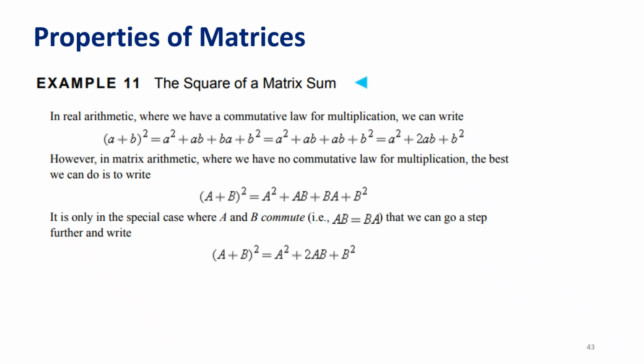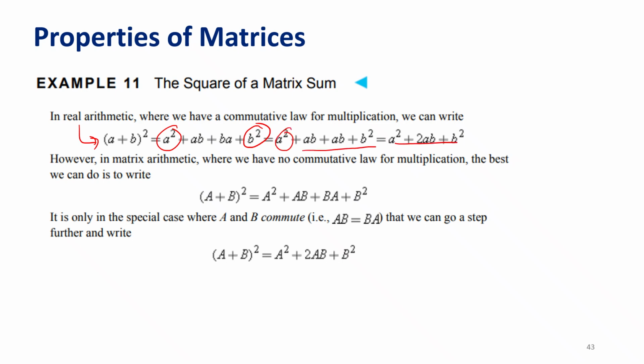Next, the square of matrix sums. It covers a concept in linear algebra that involves squaring a sum of matrices. When the sum of two matrices A and B is a square matrix, in arithmetic we know this concept, right? A plus B squared is A squared plus AB plus BA plus B squared.